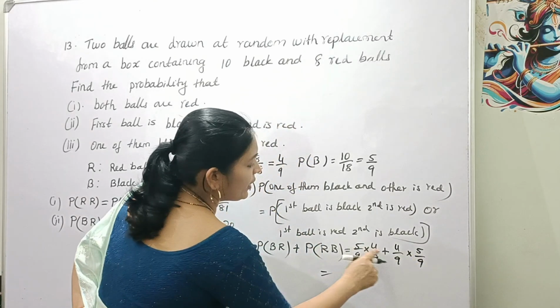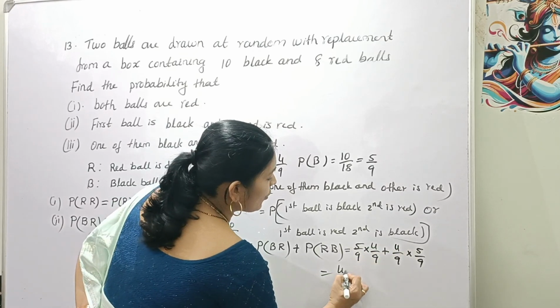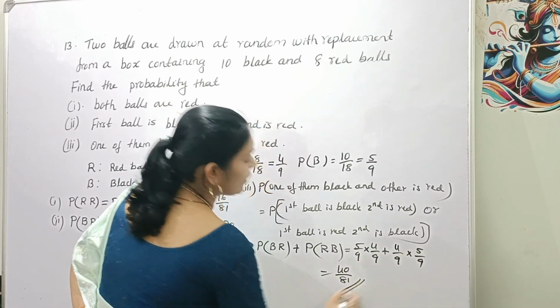That is equal to 20 by 81 plus 20 by 81, that is 40 divided by 81.